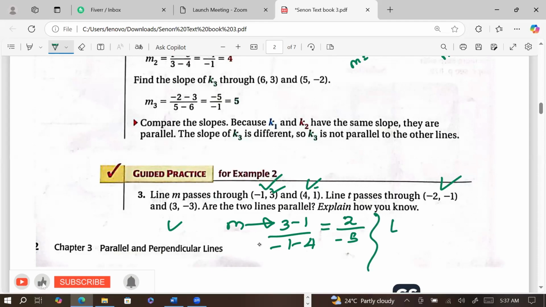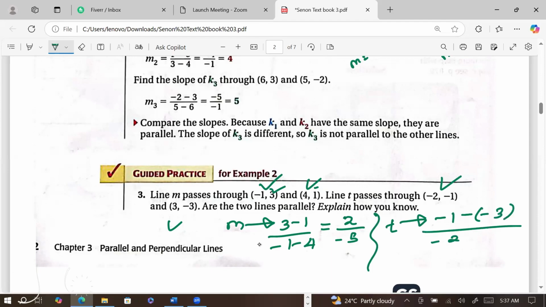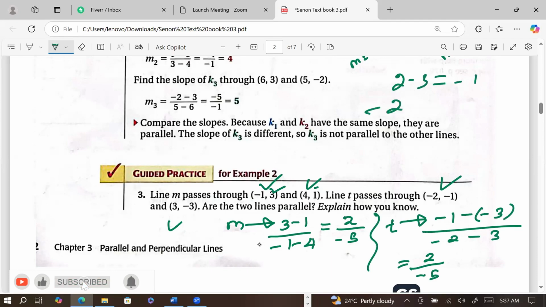And next one, T. Minus 1 minus minus 3 over minus 2 minus 3. So it's going to be 2 over negative 5. 2 minus 3 is negative 1... minus 2 minus 3 is minus 5. 2 plus 3, 5.